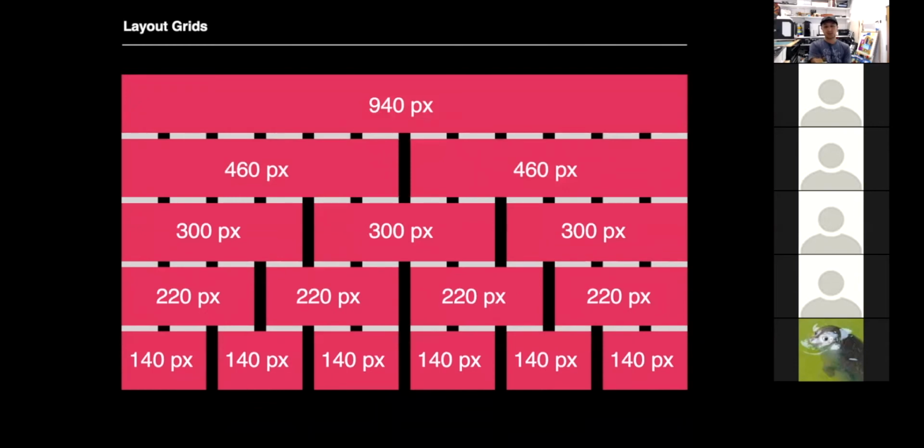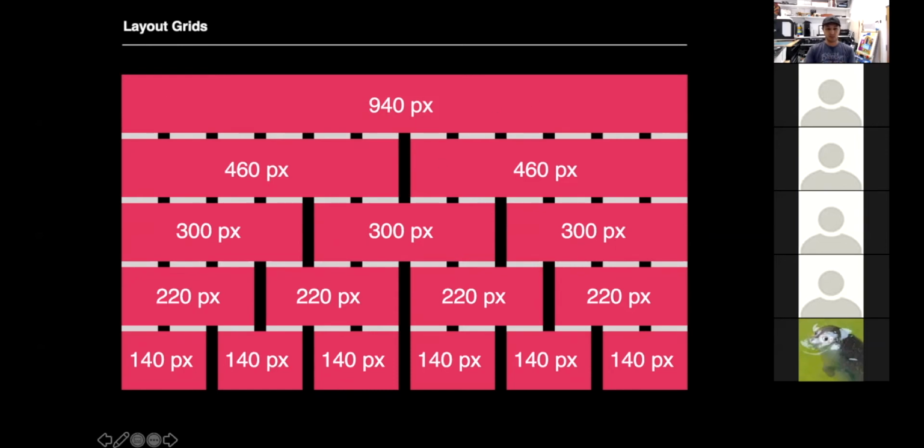So with the 12, was it 12 or 16 columns? Hold on. So with the columns that we have here, we have a number of ways of dividing it into multiple grid systems.